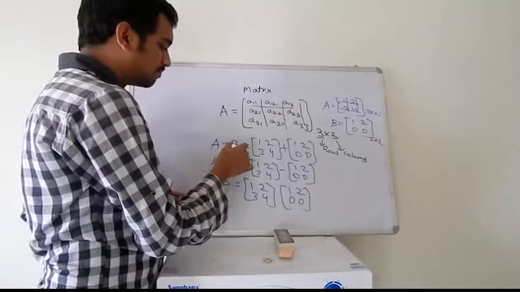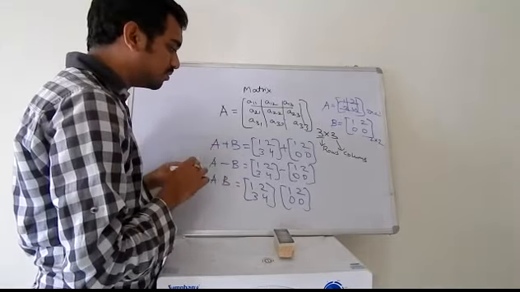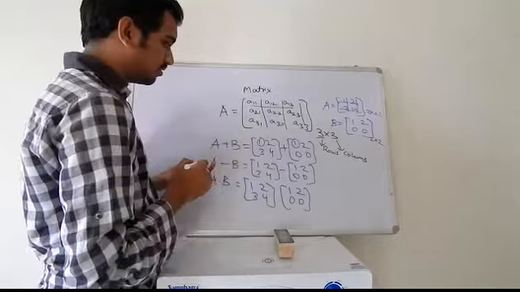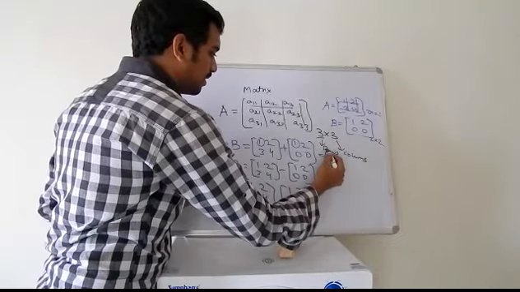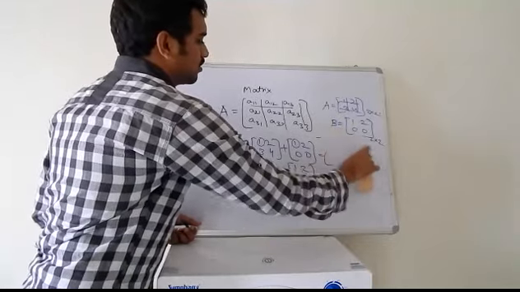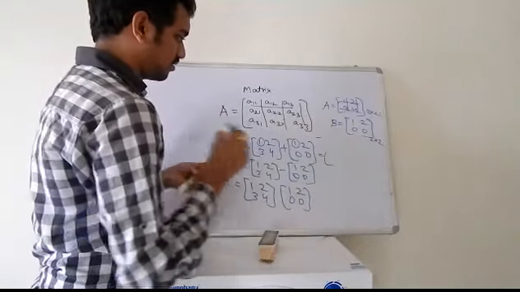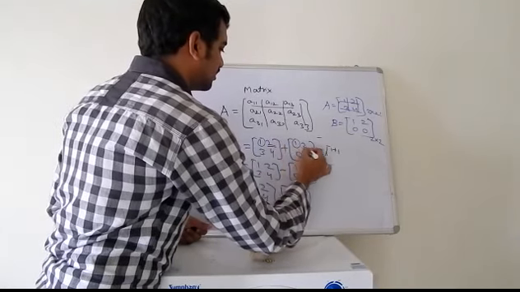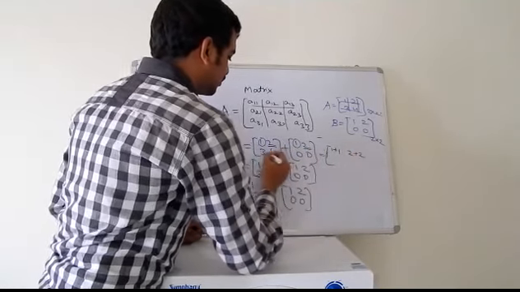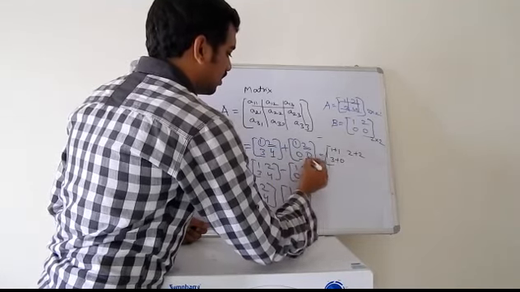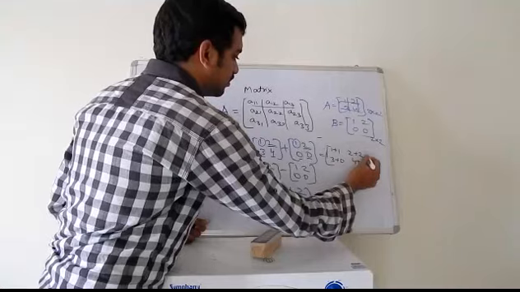So I am adding A plus B. What we have to do is add the individual elements. That is 1 plus 1, next 2 plus 2, 3 plus 0 and 4 plus 0.